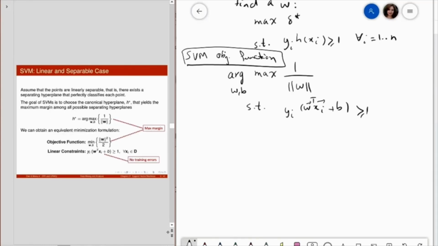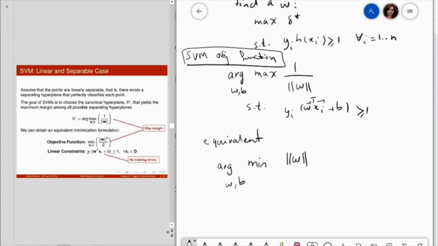Okay. Now, finding the solution for this maximization problem is difficult because we have this W down below. But what we can say is that if we want to maximize 1 over norm of W, it's equivalent to minimizing the norm of W itself, right?